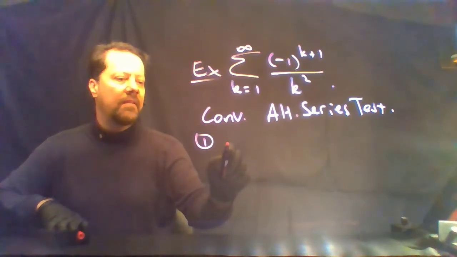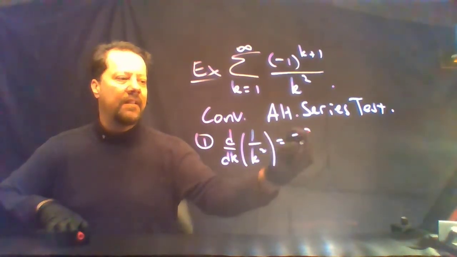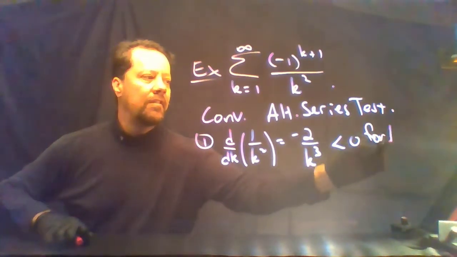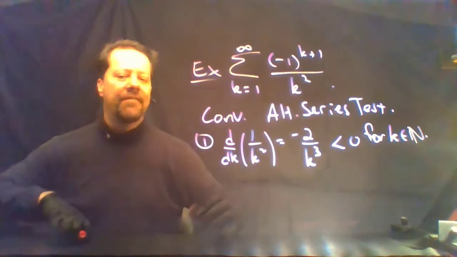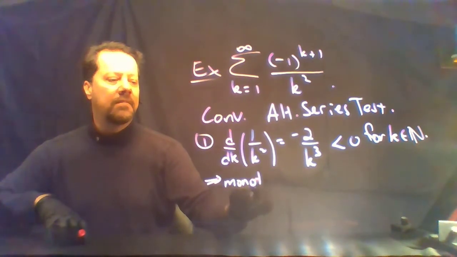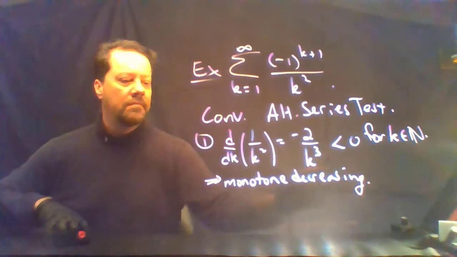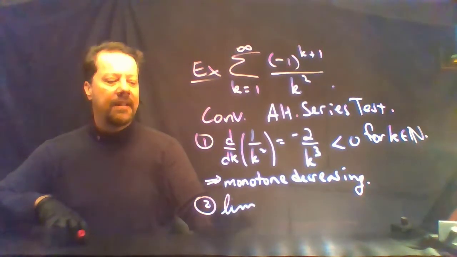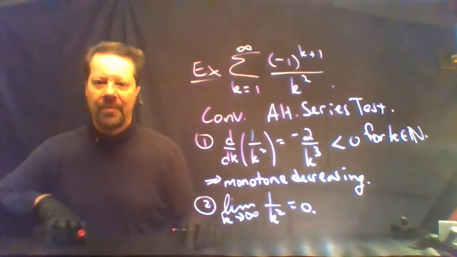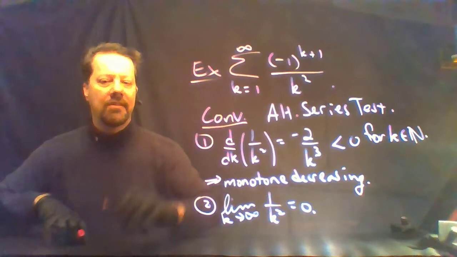First, the derivative of 1 over k squared is negative 2 over k cubed, which is going to be less than 0 for k that are elements of the set of natural numbers, which means that we get monotonically decreasing. Second, in the limit as k goes to infinity, 1 over k squared goes to 0. So the terms monotonically decrease to 0. By the alternating series test, this series converges.